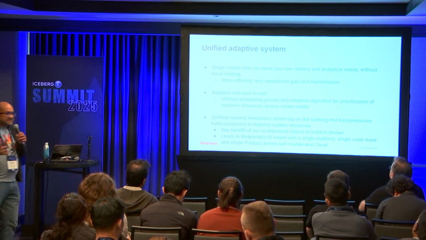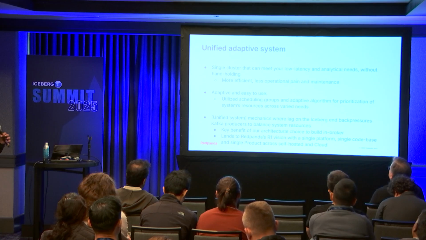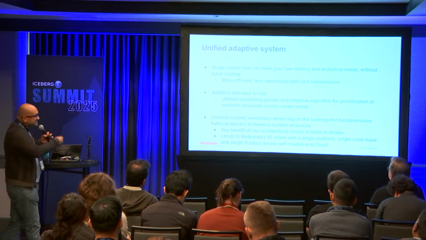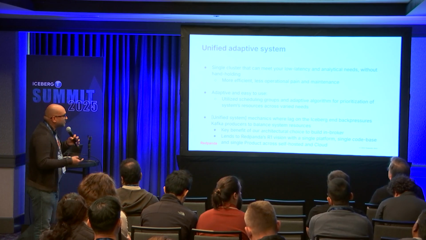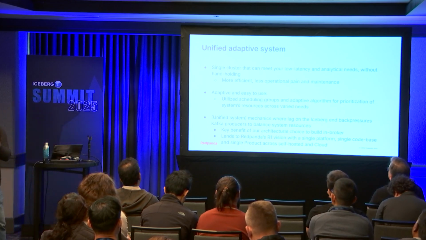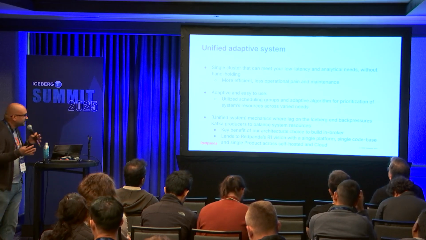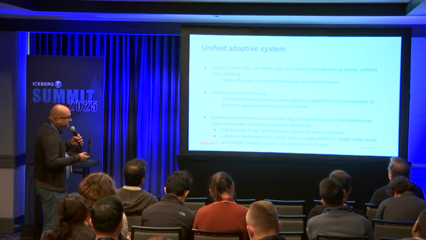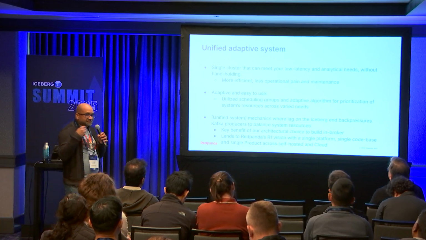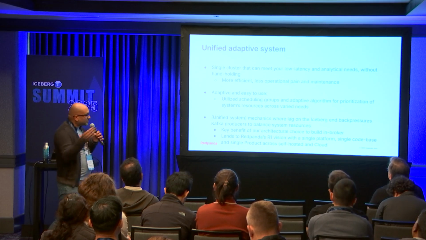What we ended up building is basically a single unified system. It's a single cluster that can meet your low latency and analytical needs without any hand-holding. Operational pain is subsided. With Kafka Connect, you have two different systems. With Redpanda, you have a single system which can do it all for you. It's adaptive. We used scheduling groups and adaptive algorithm for prioritization of system resources across all of these needs.